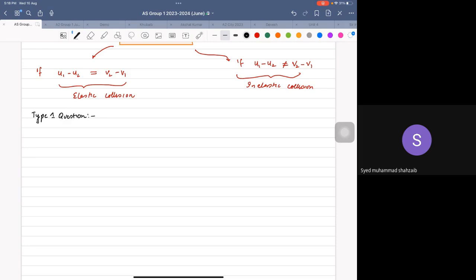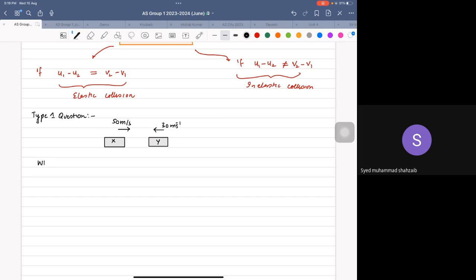Suppose they have given you two objects, x and y. One of these is going in this direction at 50 meters per second, and one of these is going in this direction at 30 meters per second. So this is given.